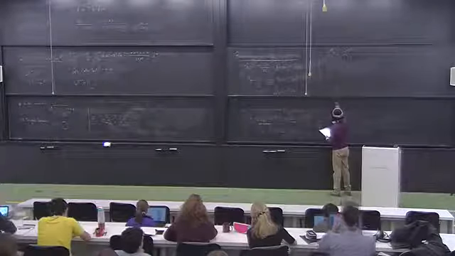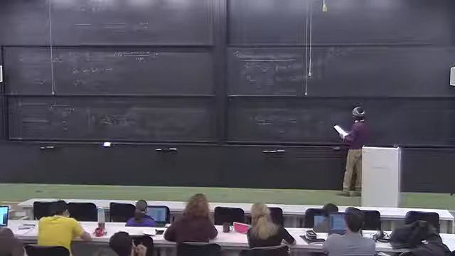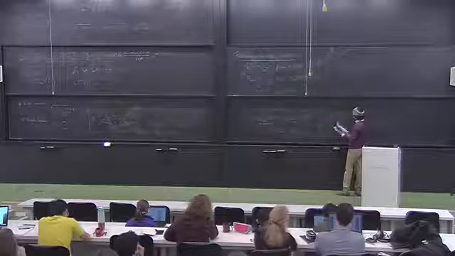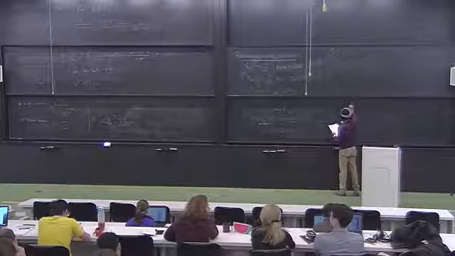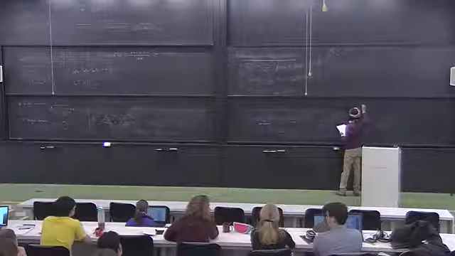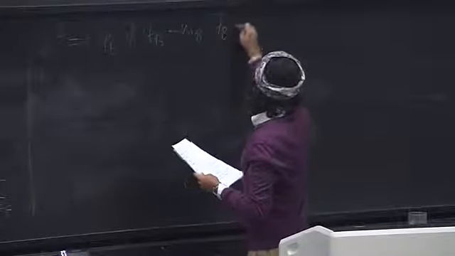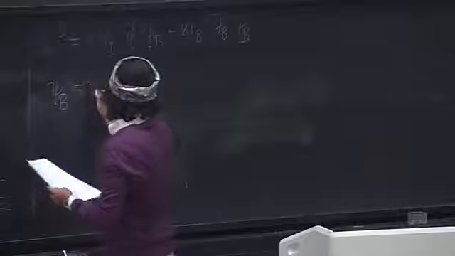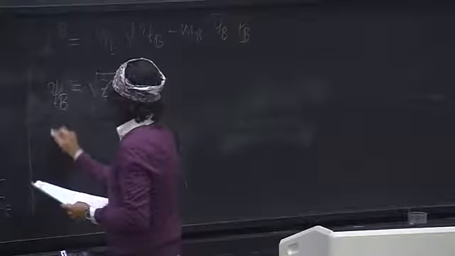So we can say L1 of bare is psi bar of bare times del slash psi of bare minus m of bare psi bar b psi b, where psi b is square root of z psi times psi, and similarly psi bar b.